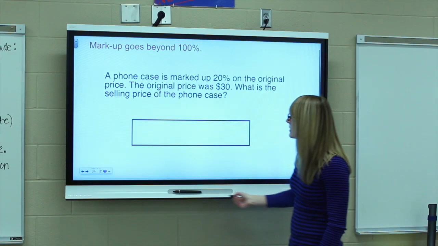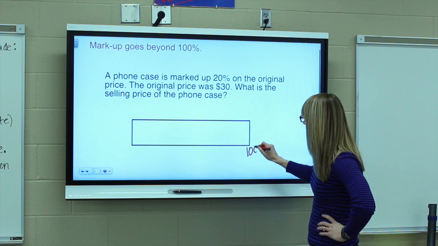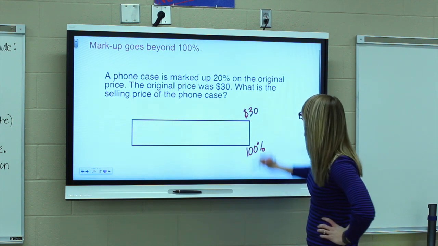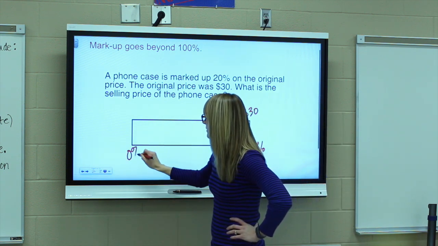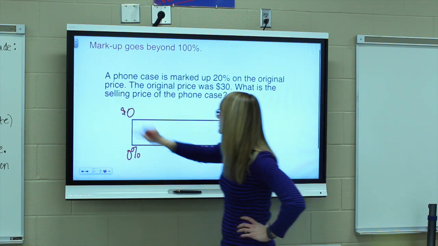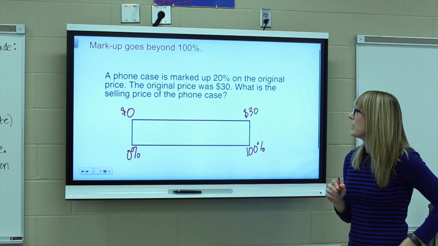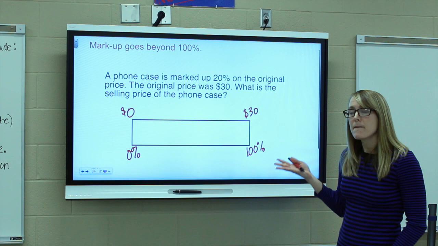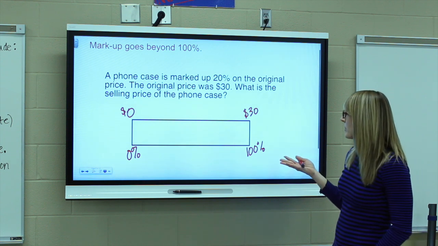Well, we still set it up just like always. We know our 100% is the cost of the phone, which is $30. 0% would have been $0. And we know that it has been marked up 20% on the original price. So we can start by finding 20% on the original price.